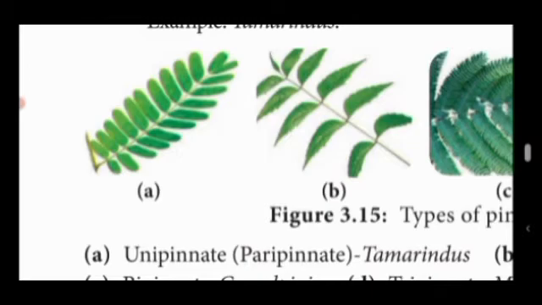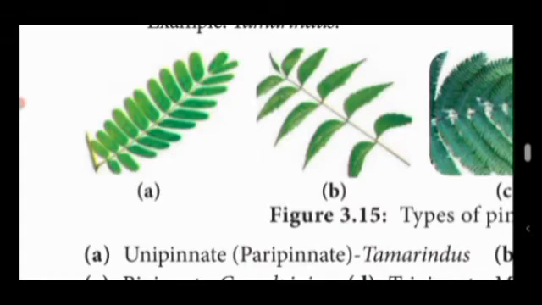The unipinnate compound leaf is again classified into two types: paripinnate and imparipinnate. Paripinnate: when the leaflets are even in number, that is, it ends in a pair, it is said to be paripinnate, a paired structure.